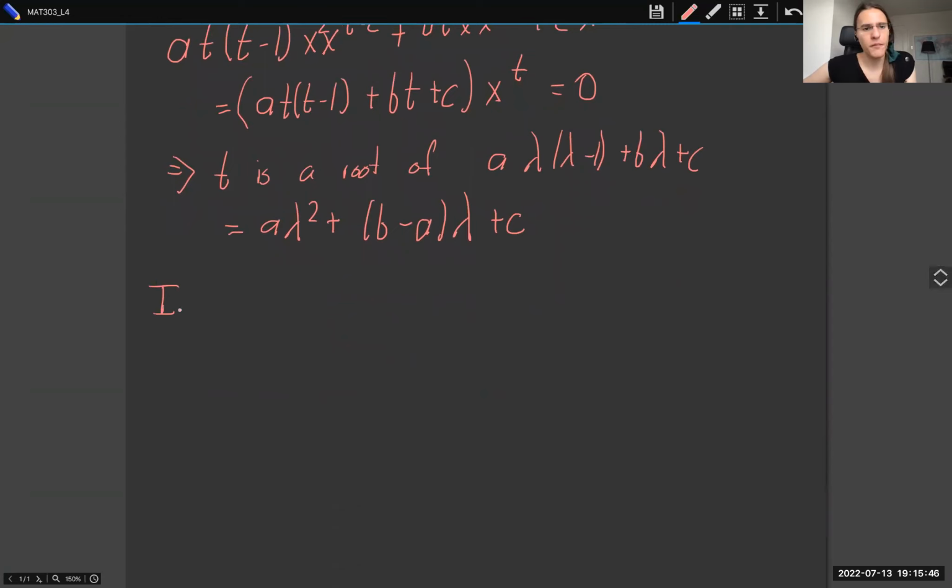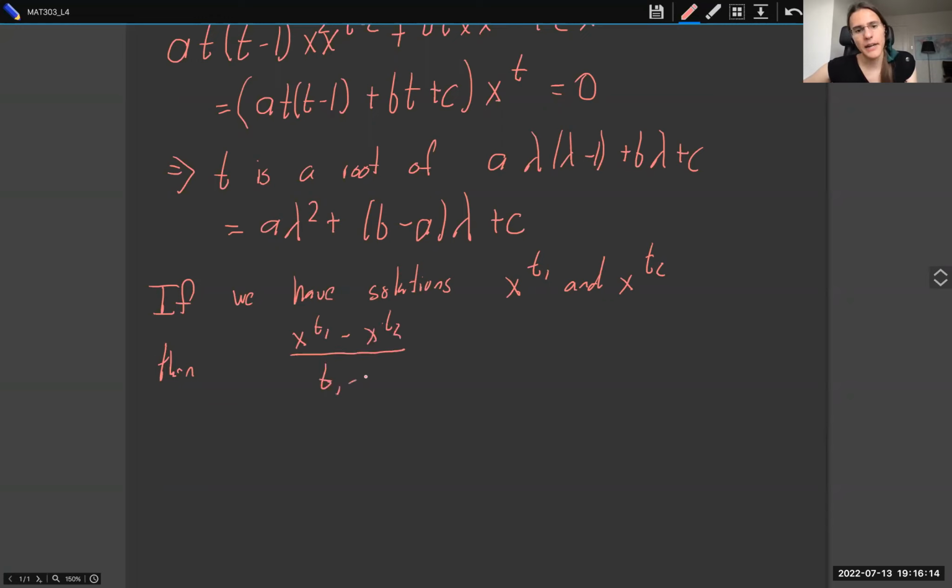If we have solutions x to the t1 and x to the t2, then x to the t1 minus x to the t2 divided by t1 minus t2 is a solution.